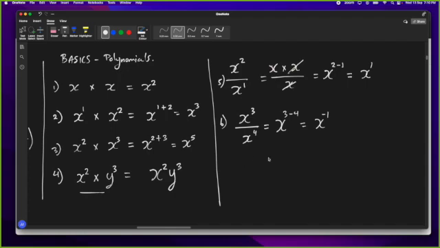But remember, this is equal to x multiplied by itself 3 times, all over x multiplied by itself 4 times. And so these will cancel with these, and you'll get 1 here, and you'll end up getting 1 over x, right? So therefore, x to the power of minus 1 is the same as saying 1 over x.